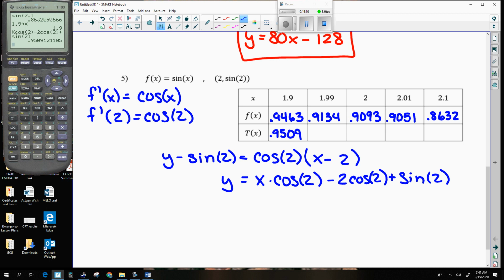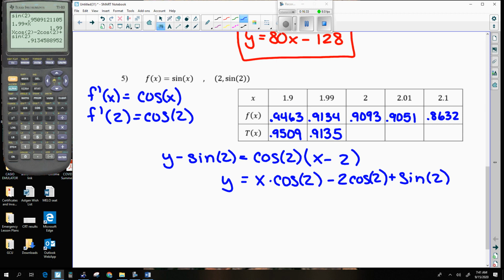Let's make our x 1.99. How close that one is.